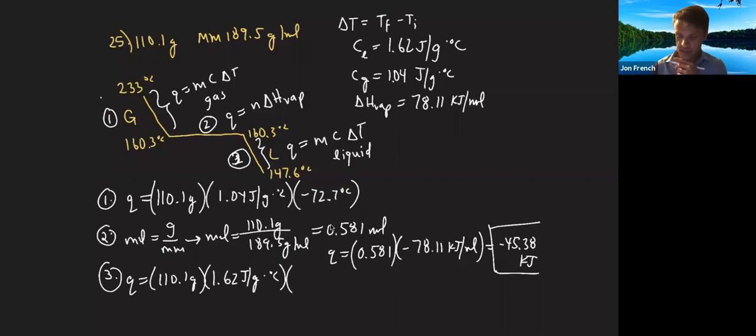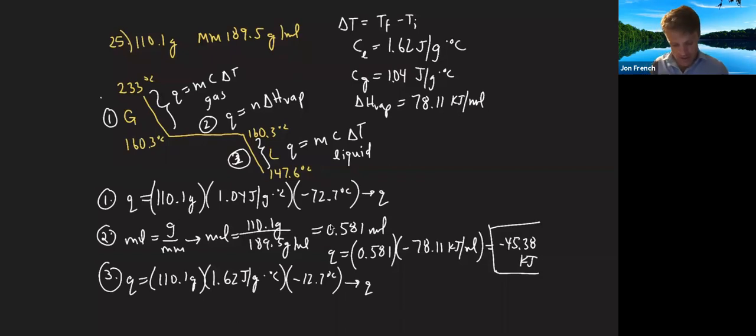My delta T for the last one is final minus initial, so 147.6 minus 160.3, and I get negative 12.7 degrees Celsius. So I need to multiply these together to get the total energy for step 1 and step 3.